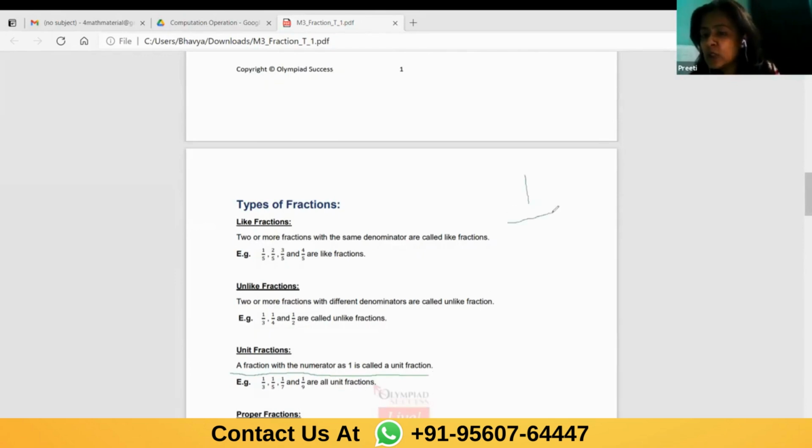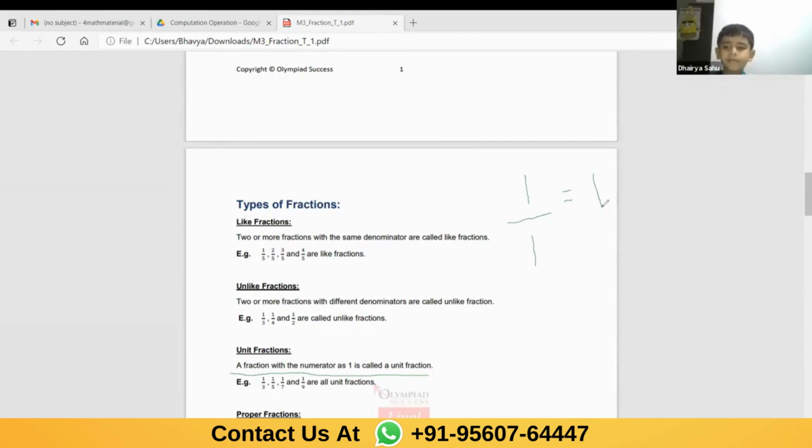Because if numerator is 1 and denominator is also 1, then it becomes a whole number, which is 1. And a whole number is not a fraction. A fraction comes into picture when it is less than 1. So, anything in the denominator which is a number bigger than 1 and 1 in the numerator always gives me a unit fraction.